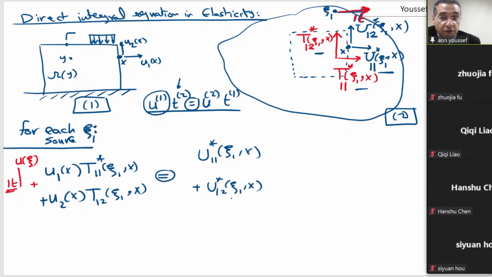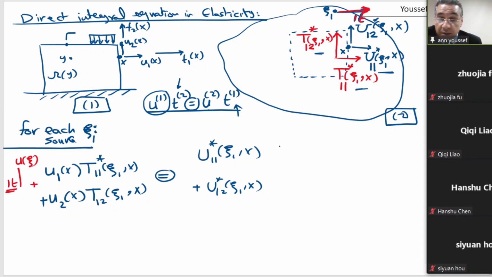Where is the traction at the first case here? Here also I have T1 of x and I have T2 of x. Maybe in this shape of the problem, we have T1 equals 0 and T2 equals 0, but I could have a force here, a concentrated force or something. It's not a concentrated force. It is distributed traction on the boundary.